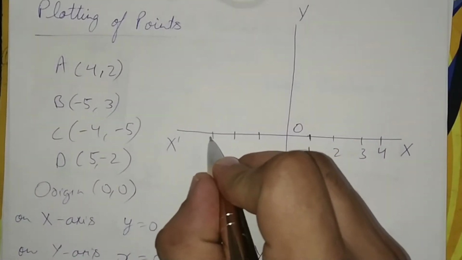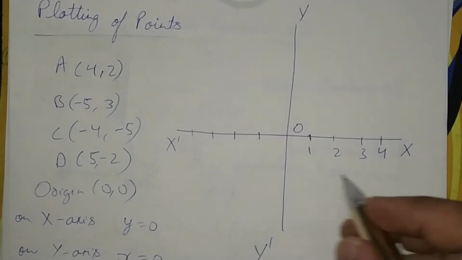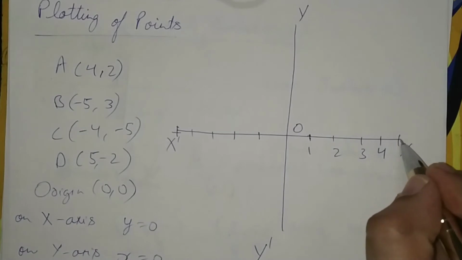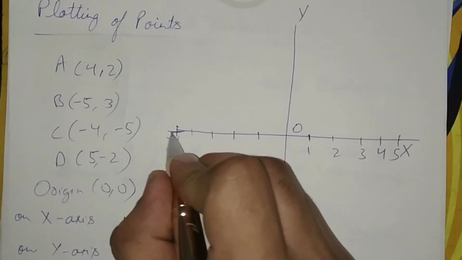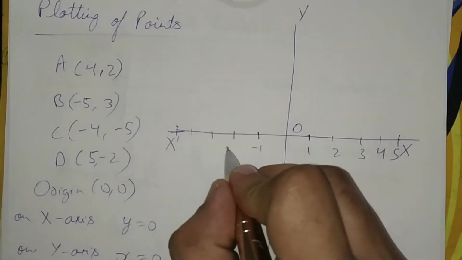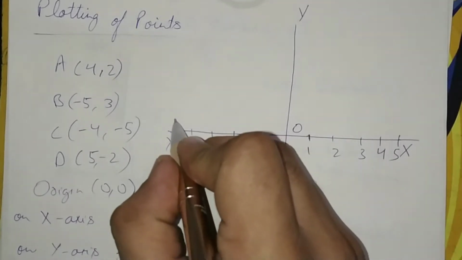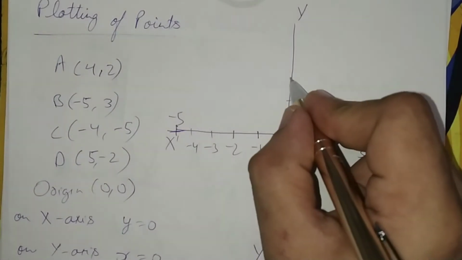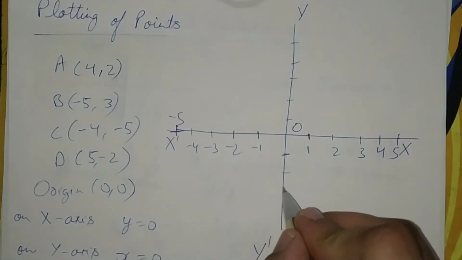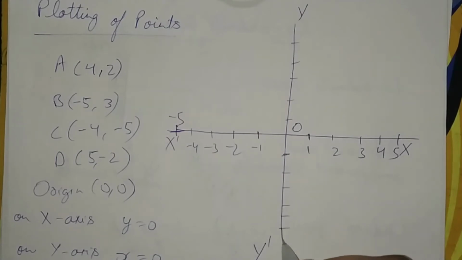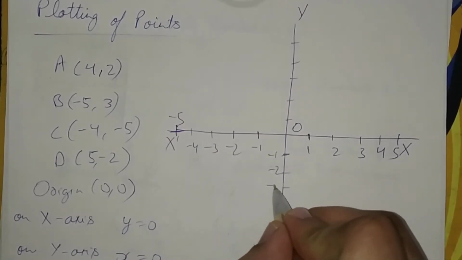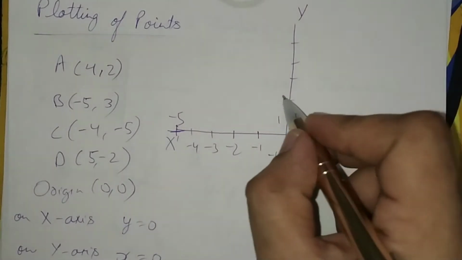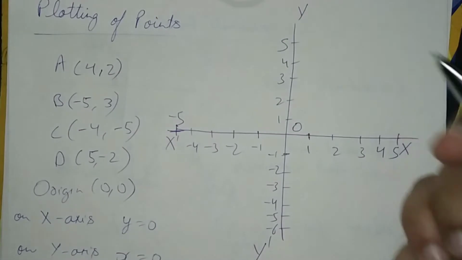You can write up to 5 and 6 also. This is -1, -2, -3, -4, -5, and 1, 2, 3, 4, 5 on the other axis too.